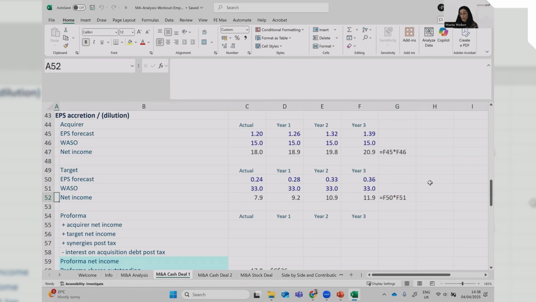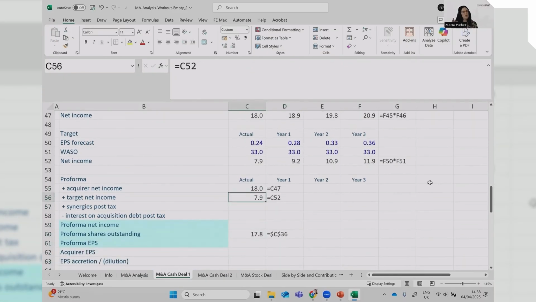So part 1 of working out the pro forma net income, I take the buyer's net income, and I take the target's net income. I'll copy this all to the right at the end. Okay, so that's like consolidation, one company plus another company. Now we've got this enlarged net income.